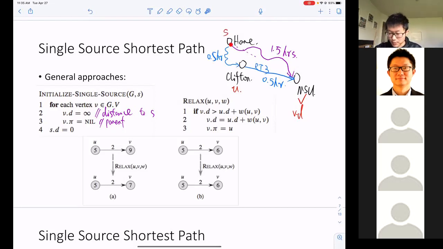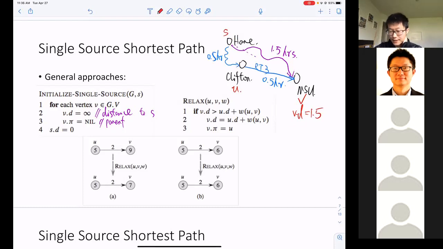So suppose that for now we just ignore the blue route, and we only focus on this purple route. This is what Google Maps shows to you. Based on my search result so far, the best route to go from your home to Montclair is this route, and it's going to take you 1.5 hours. So in your mind, for Montclair, the minimum distance from your home is going to be 1.5, correct?